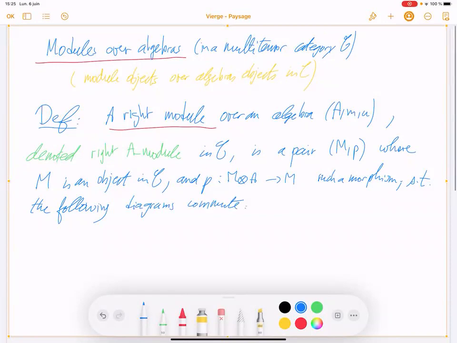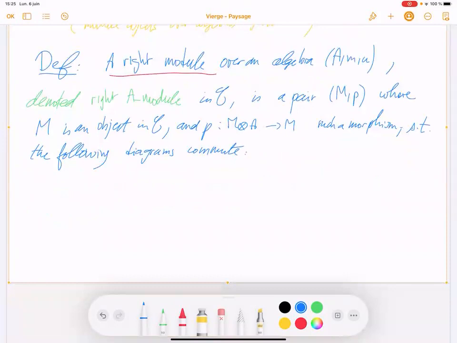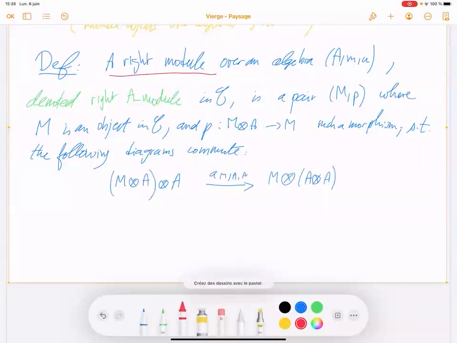So what kind of ambiguity do we need to avoid here? Start from A tensor M tensor A tensor A. You can apply the associativity constraint of the multi-tensor category to change the parenthesis. And then we have two choices here. We can apply the morphism P or the morphism M.